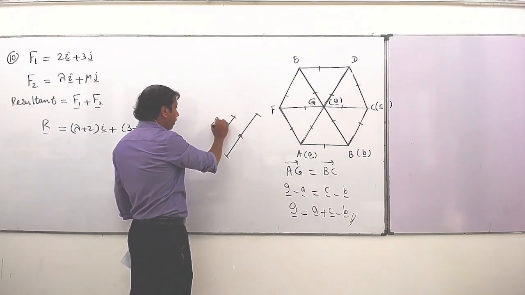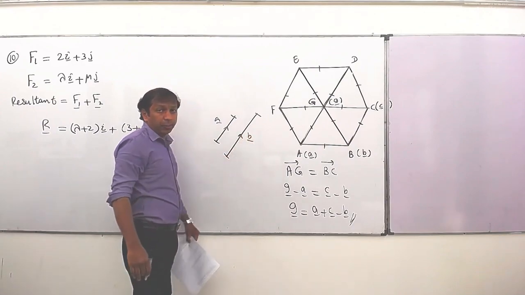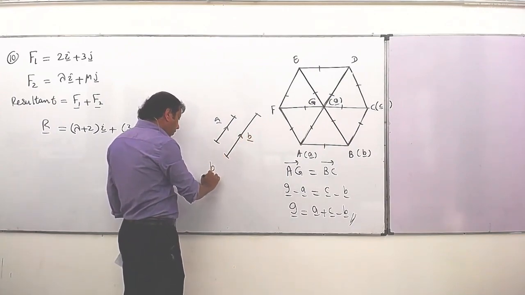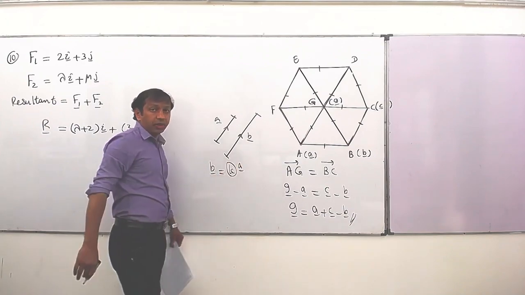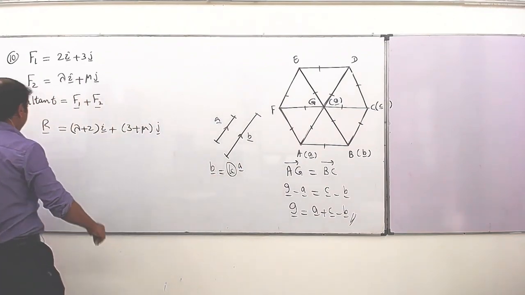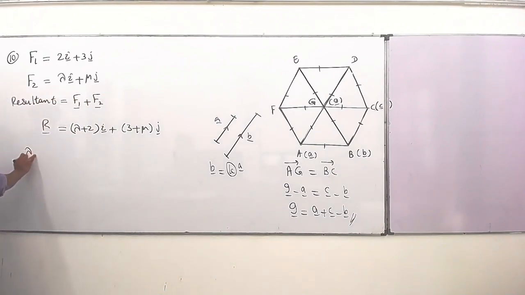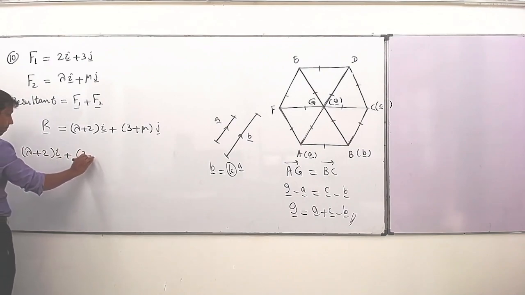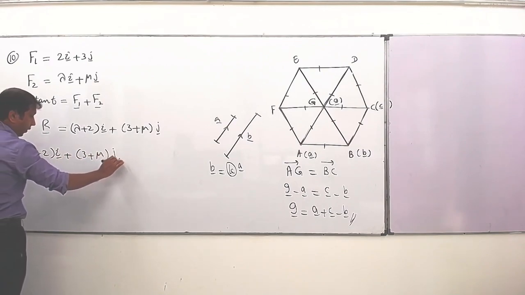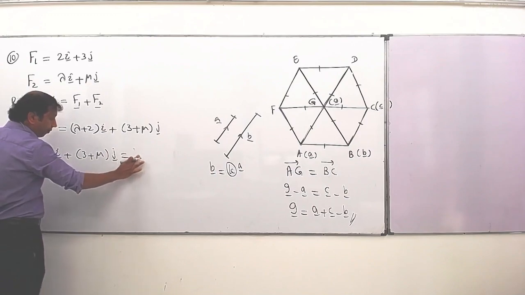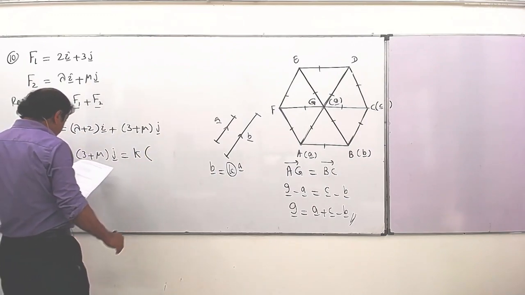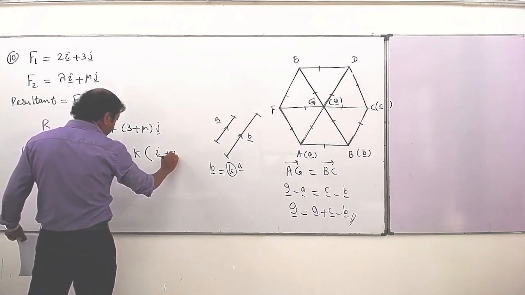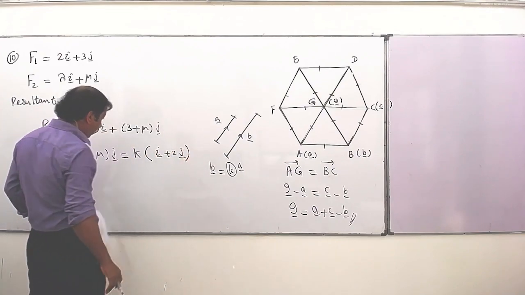If this is vector A and this is vector B, these are parallel, then vector B you can write as k times vector A. k is a real number. Like that we can now write lambda plus 2 i, 3 plus mu j should be equal to k times the given vector i plus 2j.